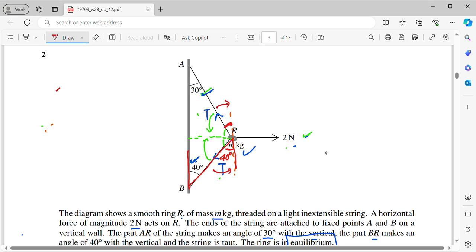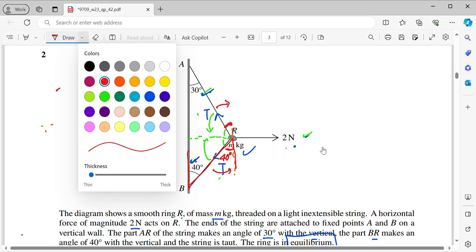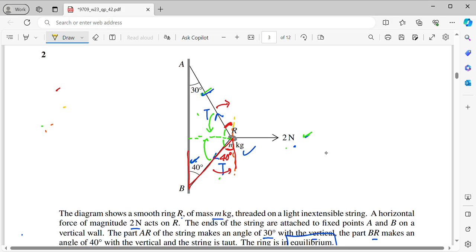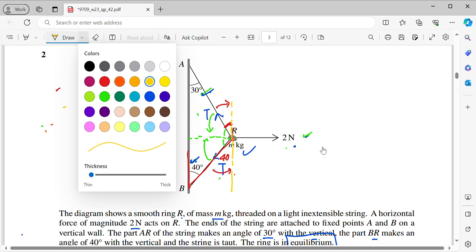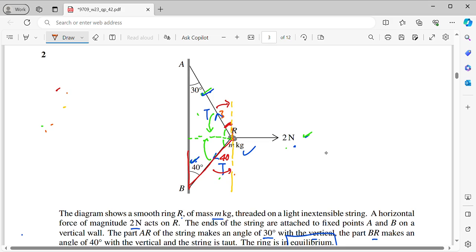This is going to be 30 degrees. Alright, so here is 30 degrees. This is 40 degrees. Now I resolve both.